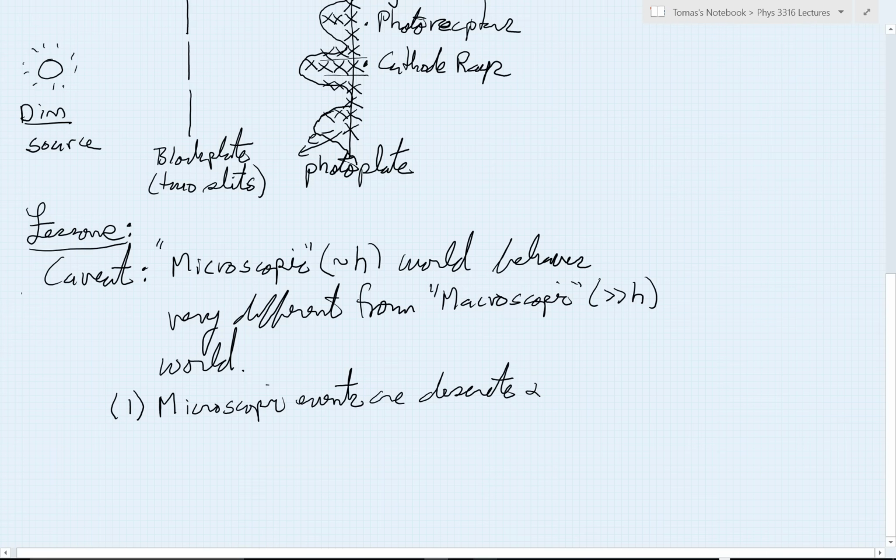And this is very important. We can't tell where they are going to happen. And they occur at fully random locations. Let's call the location where such an event happens X.